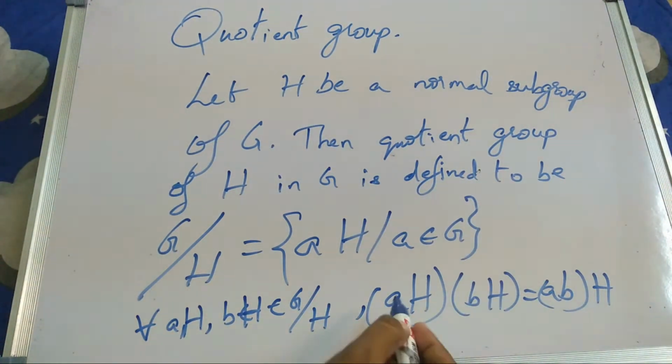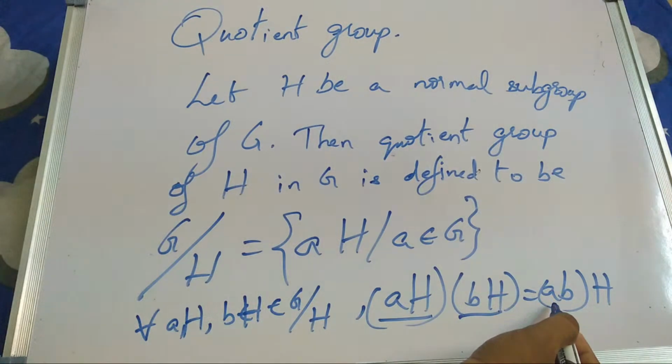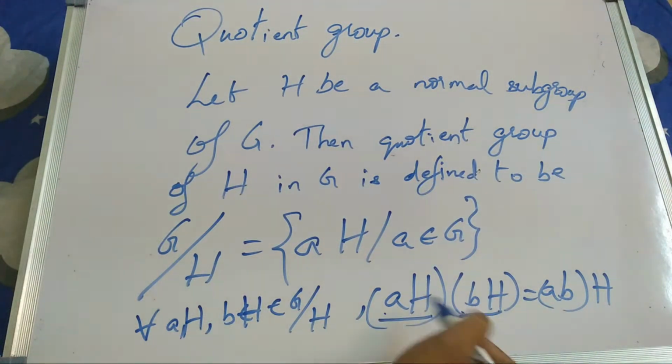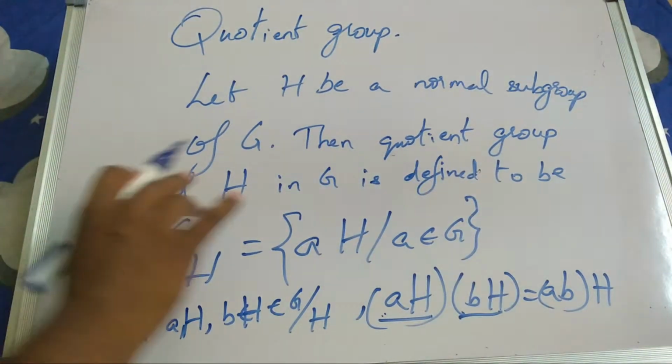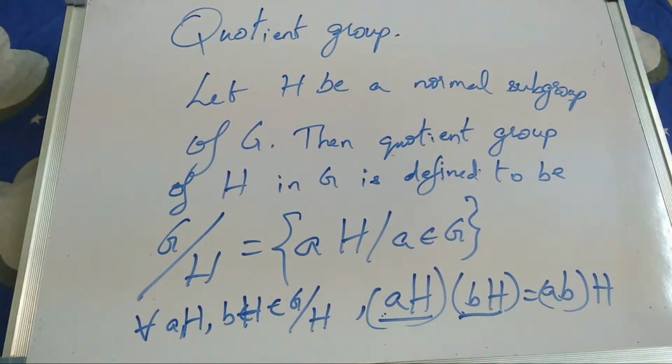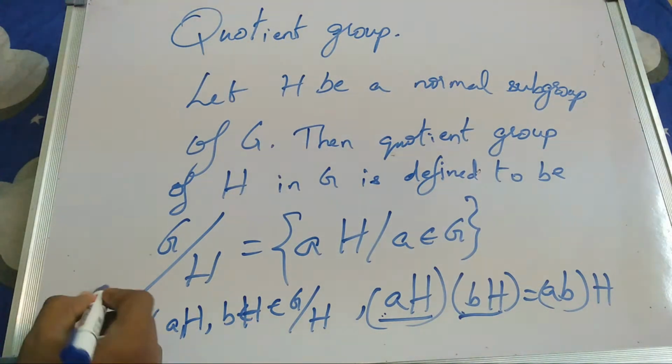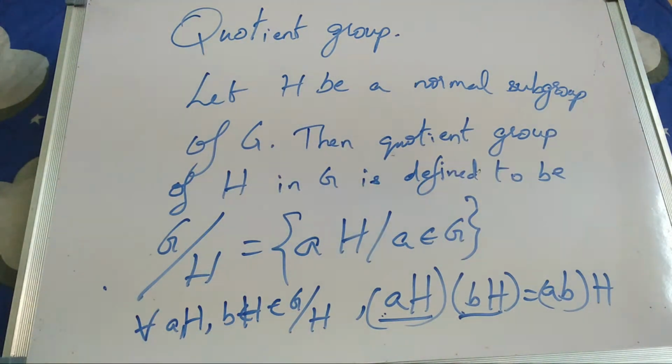That is, take a left coset and take another left coset. The operation is nothing but we operate the elements in the group and then find its left coset. And we saw that this is valid only when the subgroup is normal. Only when the subgroup is normal. And you can check that this forms a group.